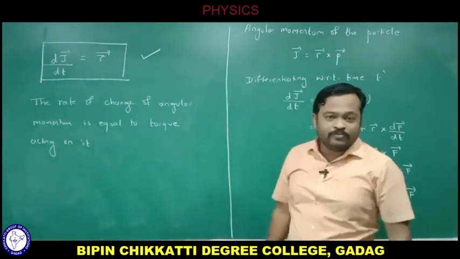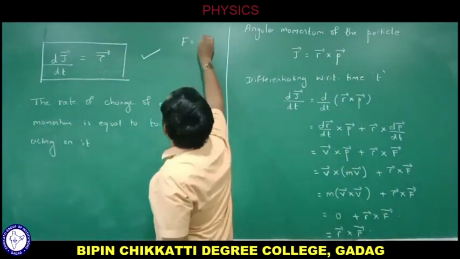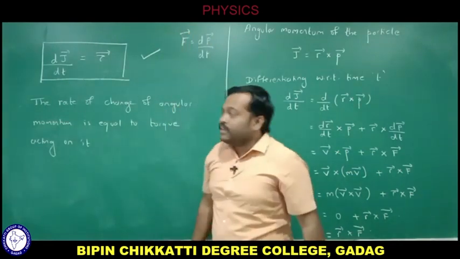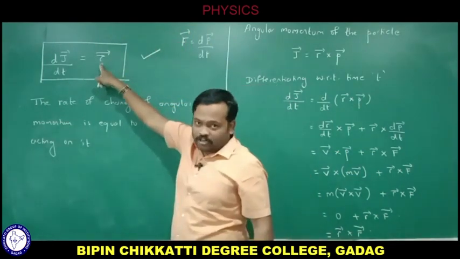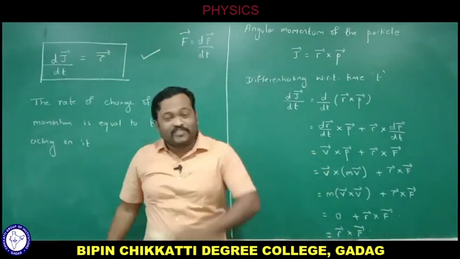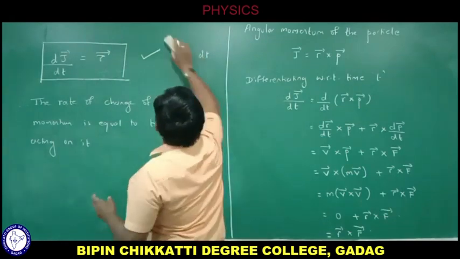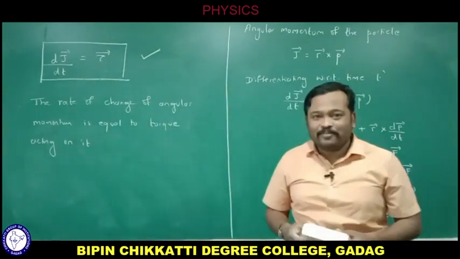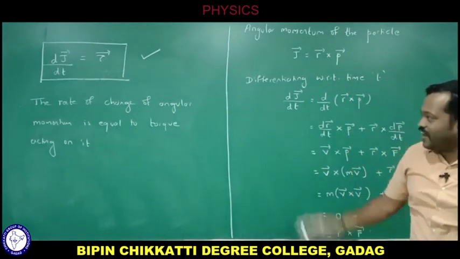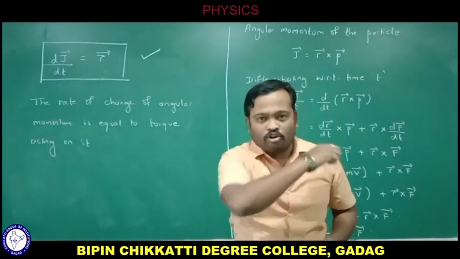Is it similar to Newton's second law? Yes. So what does Newton's second law say? F is equal to dp divided by dt, right? In place of F we have torque. In place of linear momentum, we have angular momentum. Thus, we derived it. Earlier, I took it directly. Now, I have derived the relationship between torque and angular momentum. That is, tau is equal to dj divided by dt. And this is the relationship between angular momentum and torque.